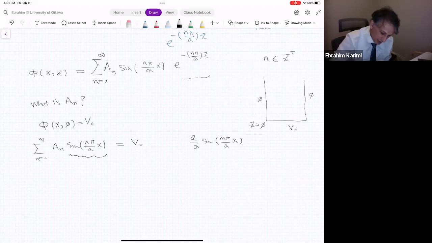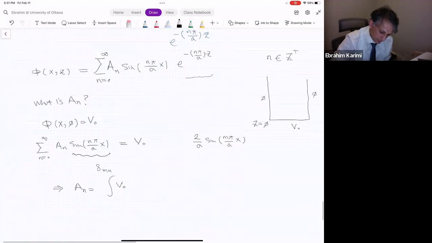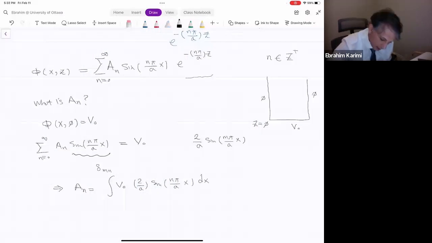Then definitely that will be delta of m and n. Then you will get an equal to the integral of v0 2 divided by a sine of n pi divided by a x dx, from 0 to a, don't forget that.